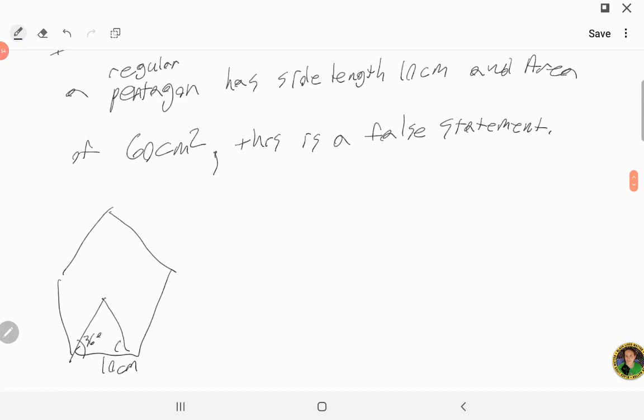And the central angle had to be 108, and so the trigonometry tells us that the area is actually going to be 5 times 1/2 times 10 centimeters times the height, which is going to be 10 tan 36 times 5 centimeters.